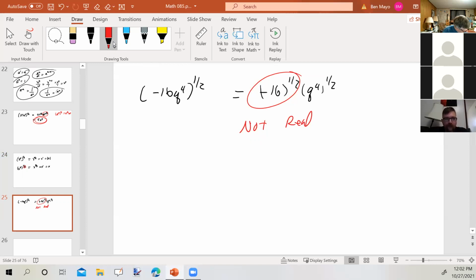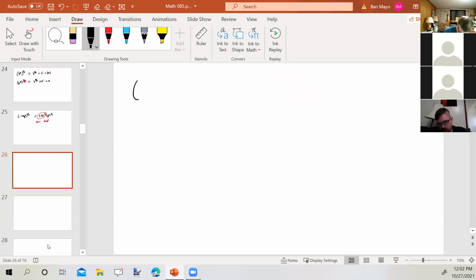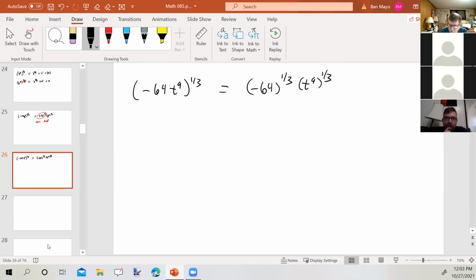What about this one? So this would be -64 to the 1/3 power, t to the 9th to the 1/3 power. Is this one not real? No, it is real because we can take an odd root of a negative number.